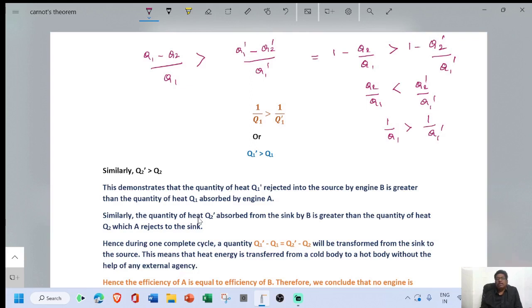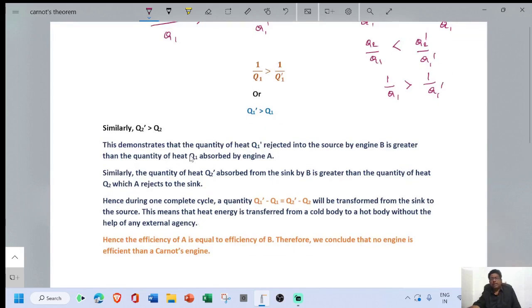Q1 dash should be larger. The amount of heat energy given to the source should be greater than the amount of heat energy taken from the source. Similarly, we can write Q2 dash is greater than Q2.